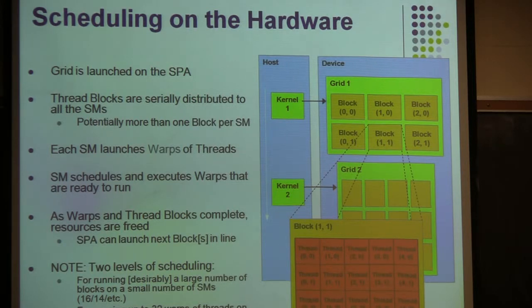So you take the first 24 of them and you assign them. Now you can have 1 block per SM, or if your block is not a memory hog and doesn't use a whole lot of registers, then maybe you are lucky, and we'll talk about how you can get lucky.